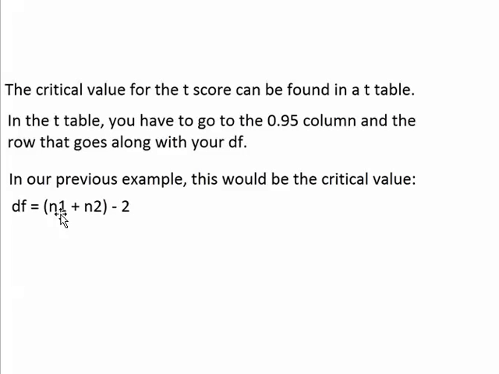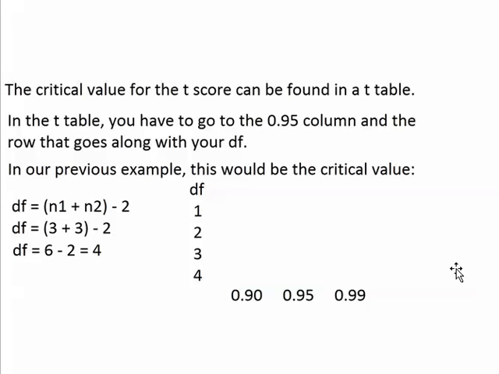So it's n-1 plus n-1 to get a total df of both standard deviations. And here's the formula that can be done to do that. It's the total sample size minus 2. So if my two sample sizes were 3 and 3, like they were in my example, I would add 3 plus 3, which would be 6, and subtract 2, which would be 4. And that would give me my df, which in our example is 4.